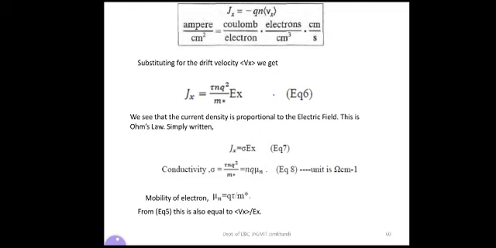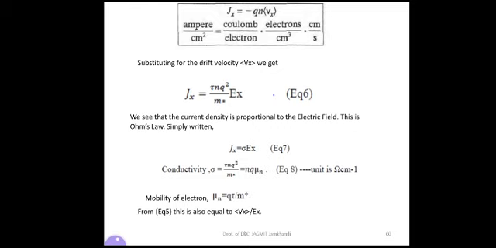So this is according to Ohm's law. Remember this. Jx is equal to sigma into epsilon x. According to Ohm's law, it is simply written as the current density Jx equal to sigma into epsilon x. Name it as equation number 7.